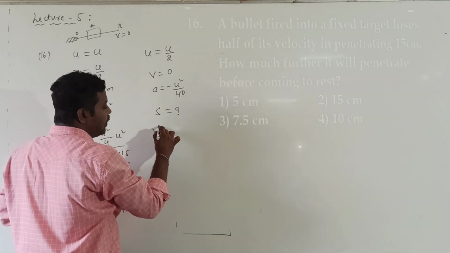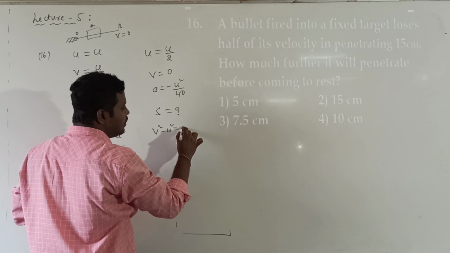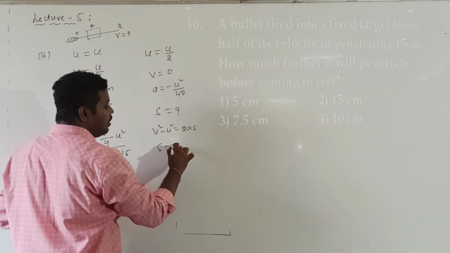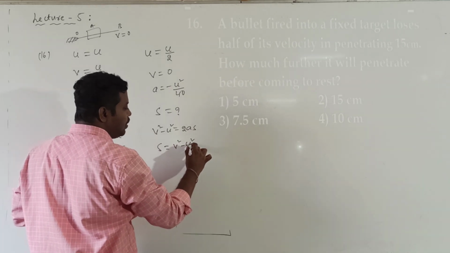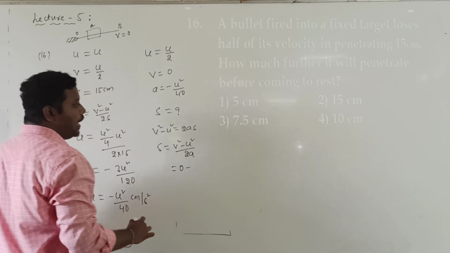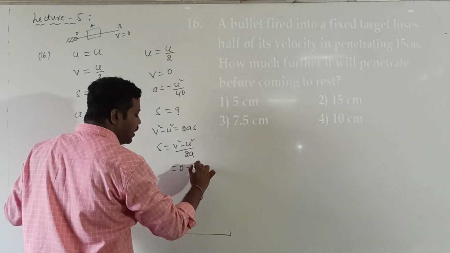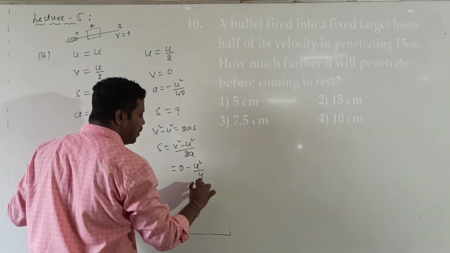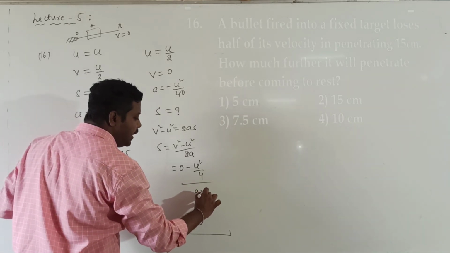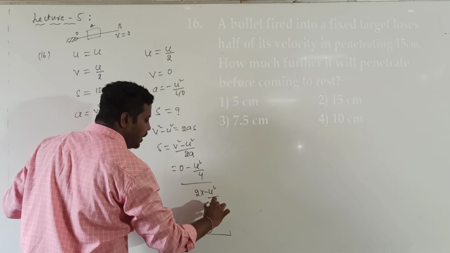Again same formula. V square minus u square is equal to 2 into A into S. So S value is equal to V square minus u square by 2 into A. So what I get? 0 minus u square by 4, divided by 2 into A value, which is 2 into minus u square by 40.